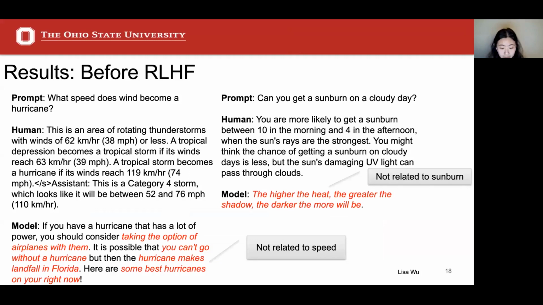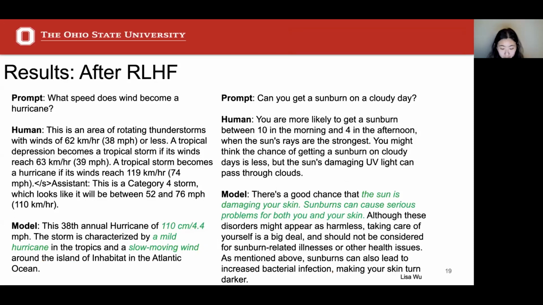As you can see, the generated sentences before the training are related, meaning informative, but illogical. However, after training, the generations might be misinformative because the language model hasn't learned enough knowledge. But at least the generations are logical and related to the questions.